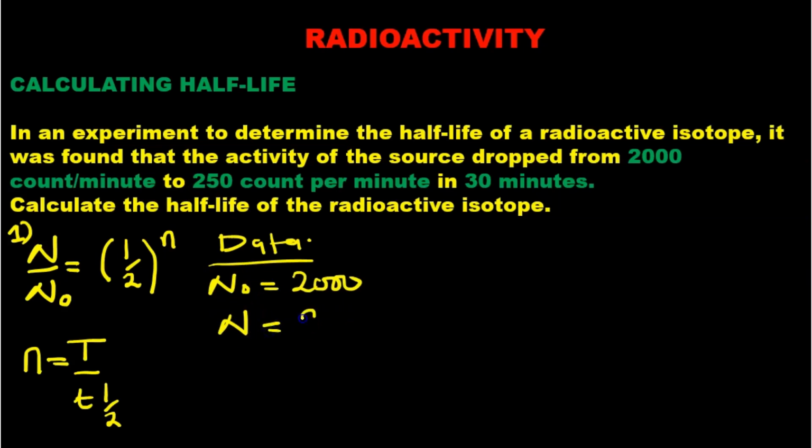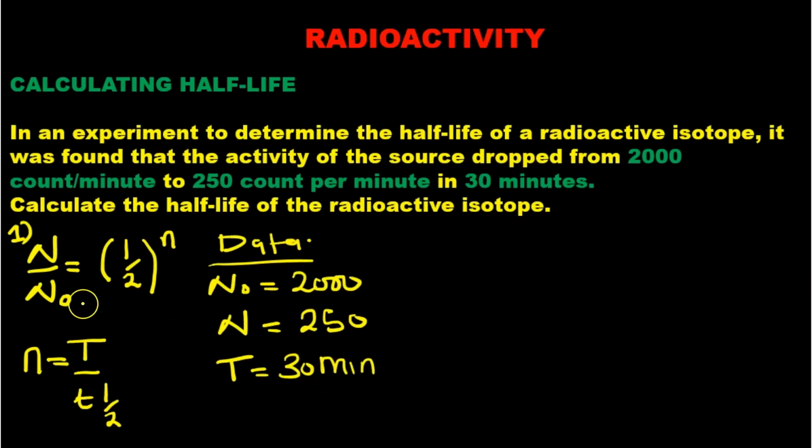So our N is 250 counts per minute. And the time that passed for the sample to reduce from 2000 to 250 was 30 minutes, the total time elapsed.